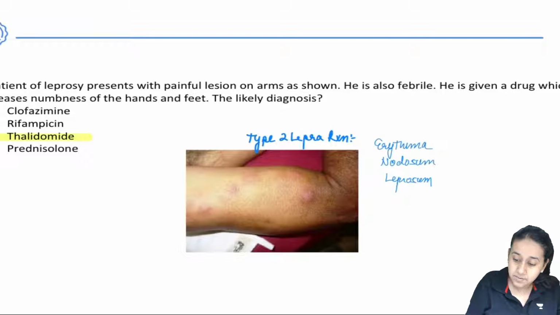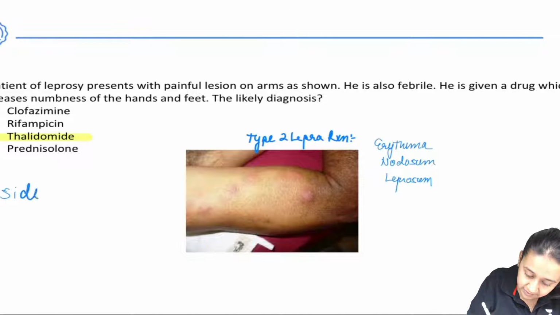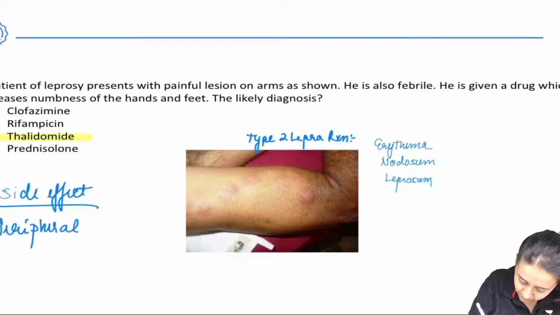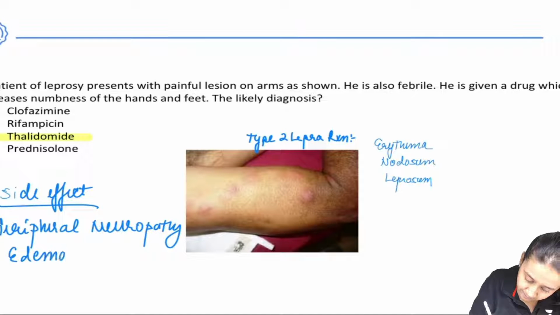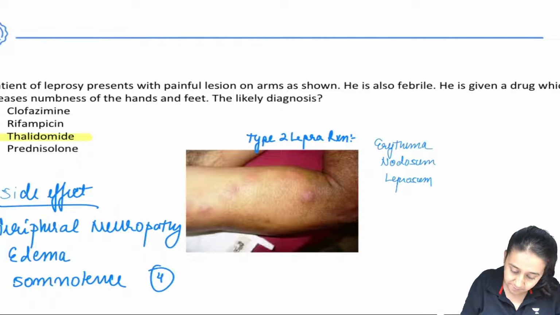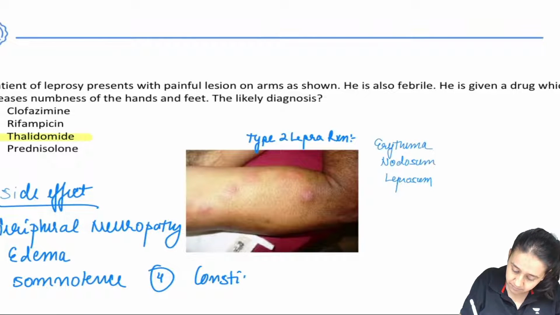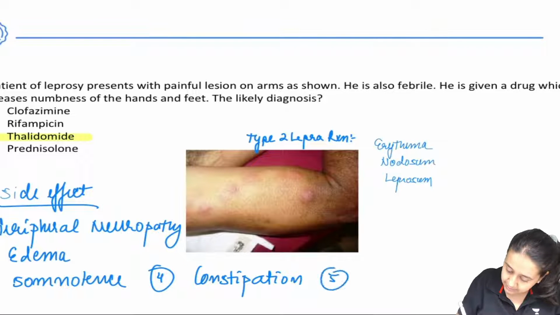Can you tell me what are the other side effects of thalidomide therapy other than the peripheral numbness? Please remember, we have a lot of other side effects: peripheral neuropathy, then you have edema of the periphery, increased somnolence, the patient will feel very sleepy, and these individuals can also develop constipation, and it's a highly teratogenic drug.